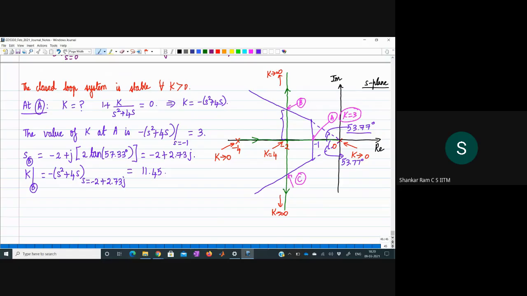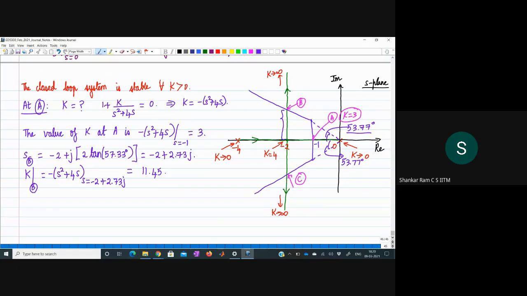And so consequently, what we do is we essentially substitute and then find out the value of K, right?